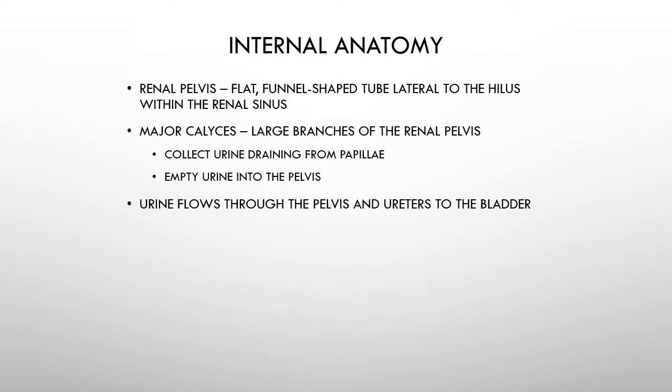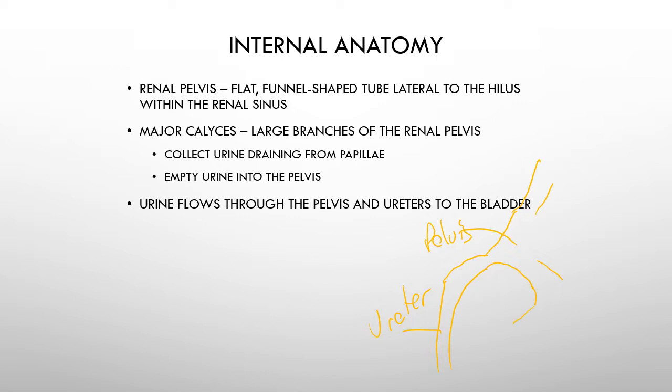So inside the kidneys themselves, we have this renal pelvis that I just mentioned. And essentially the structure is going to be something like that. Down here we have the ureter. Here we have the pelvis. And then from that pelvis, it's going to extend up, and we're going to have some major calyces.